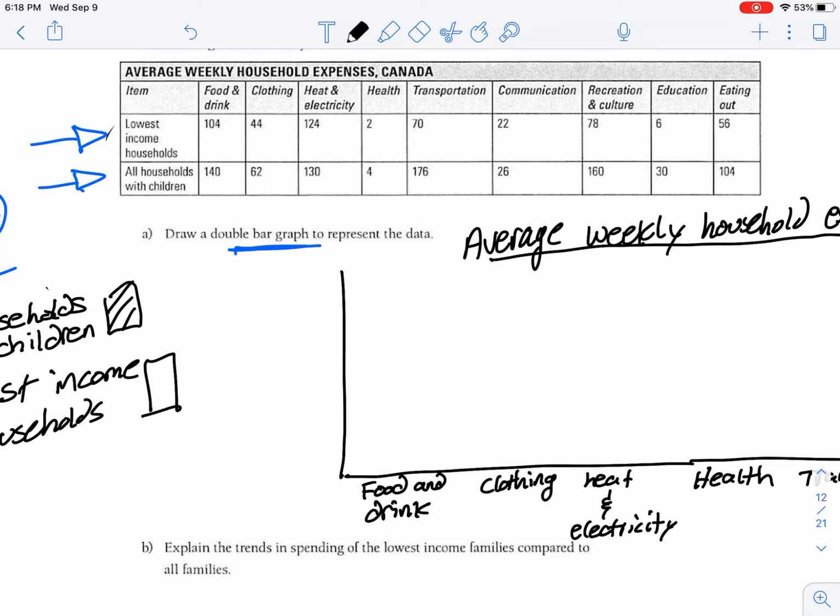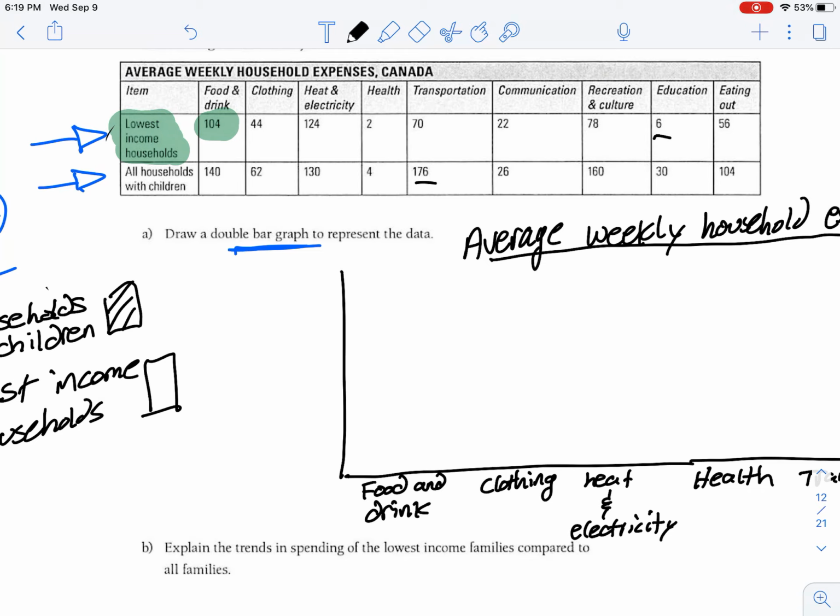Okay, now let's look at the lowest income household first. So for food and drink, they have 104. So make sure you look for the biggest number that you're going to deal with and the smallest number you're going to deal with, because we need to know what scale we're going to do on this side. Okay. So the biggest number I see is 176.